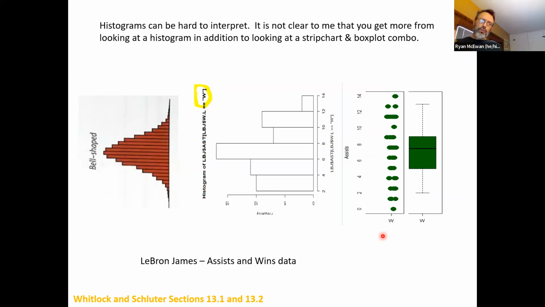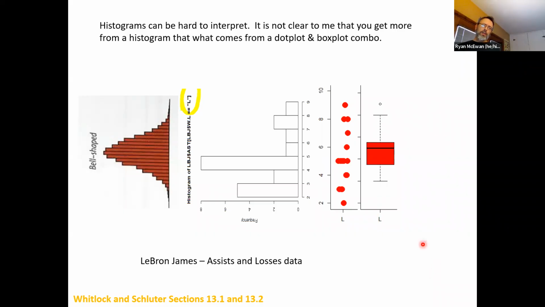But if you have really strongly skewed data, extreme outliers, or bimodal distributions, you can definitely see that in the dot plot. Here again, this is the bell-shaped curve turned on its side. This is a histogram, the frequency distribution. So this is like an idealized frequency distribution. This is a frequency distribution of this data set. And this is a dot plot and box plot. So you can take a look and start thinking about this.